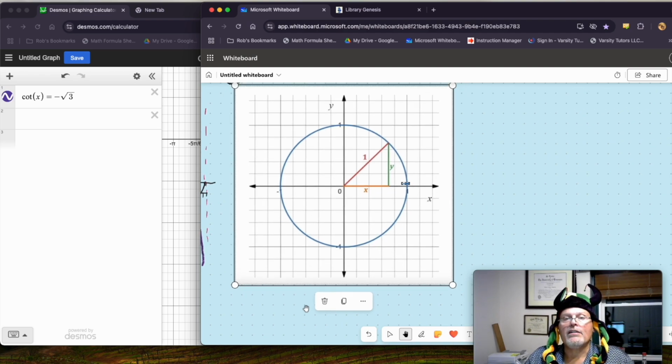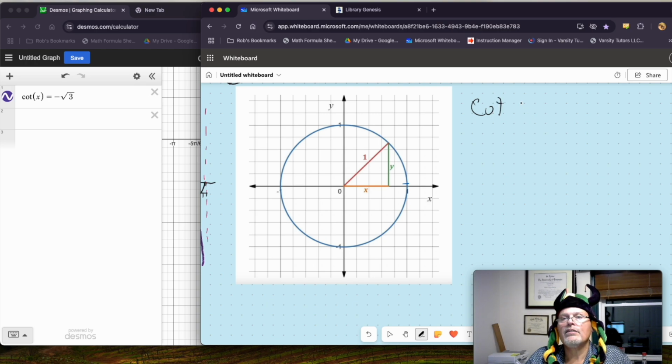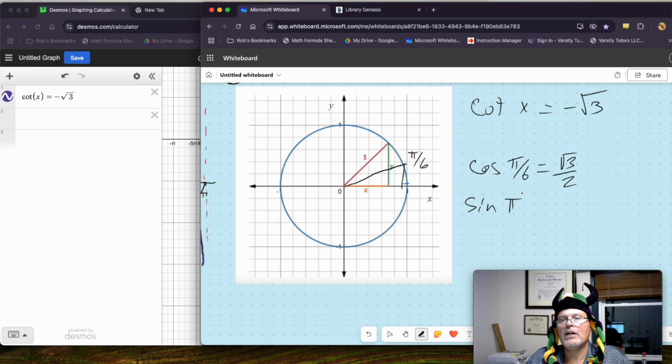So I'm looking at cotangent of x equals negative square root 3. So I know that at my pi over 6, cosine of pi over 6 is square root of 3 over 2, and sine of pi over 6 is 1/2.